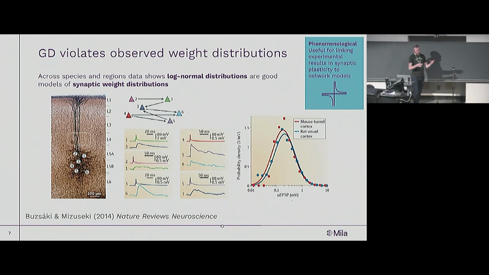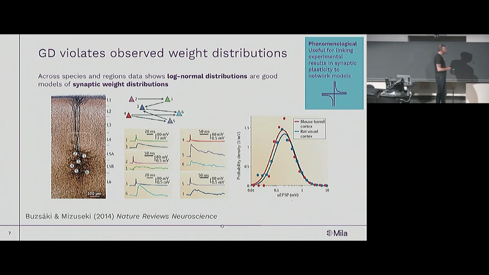You patch multiple cells, and you look at the postsynaptic potential that's created in the postsynaptic cell when you activate a spike in the presynaptic cell, as illustrated here. And then you plot out the strength of that postsynaptic potential across all of your neurons. What people have observed is that generally these measurements, which are basically a measurement of your synaptic weight, because you're looking at how much of an impact does the presynaptic neuron have on the postsynaptic neuron.